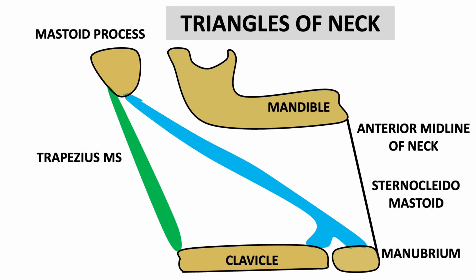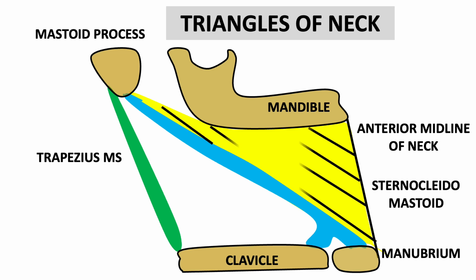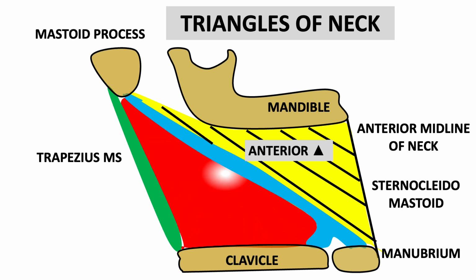As you can see in the figure, between the trapezius and the anterior midline of the neck, we have the sternocleidomastoid, and it divides the entire boundary into two triangles. The first one is the anterior triangle, and the other, which is in red, is the posterior triangle.